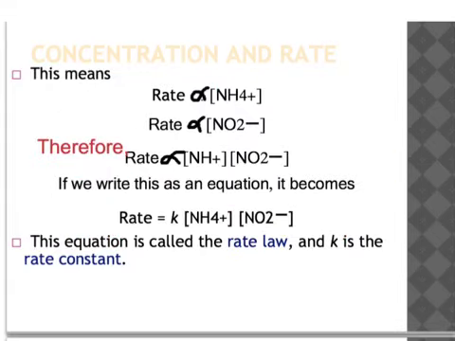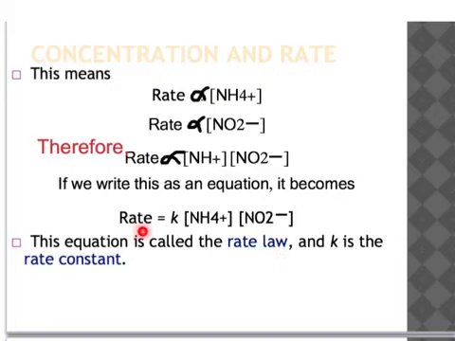And what we can see is that, first of all, the rate of the reaction is going to be proportional to the ammonium ion concentration, and the rate of the reaction is also going to be proportional to the other reactant, the nitrite ion. So therefore the rate of the reaction is going to be proportional to the concentration of the ammonium ions times the nitrite ions. And if we write this as an expression, it becomes what's known as a rate law.